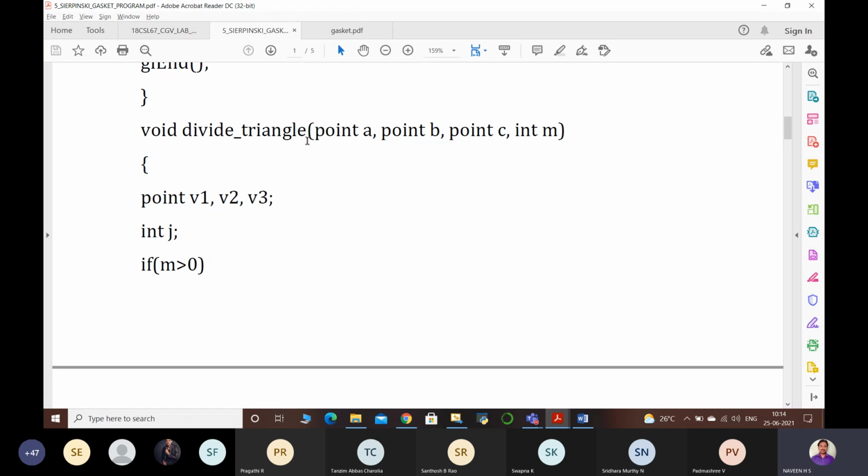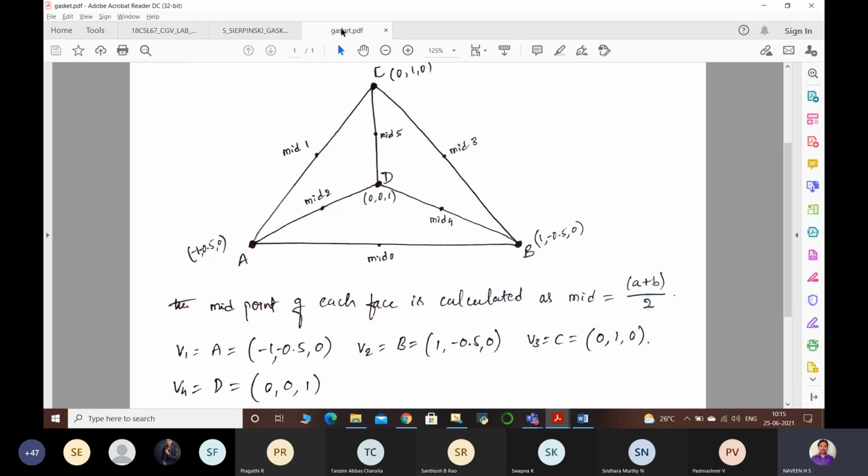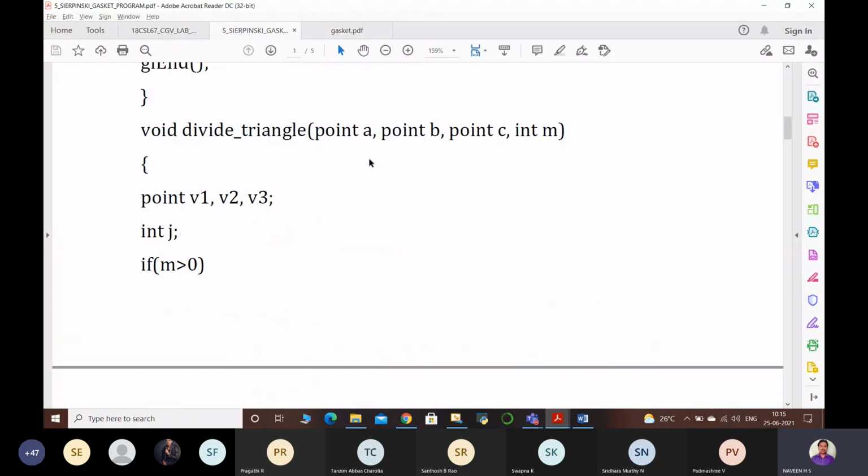Now, why divide triangle? As I said, we require three vertices, so I'm just giving the names A, B, C. Same thing I have given in the diagram also: A, B, C, D. These are the parameters along with the midpoint I am going to call.